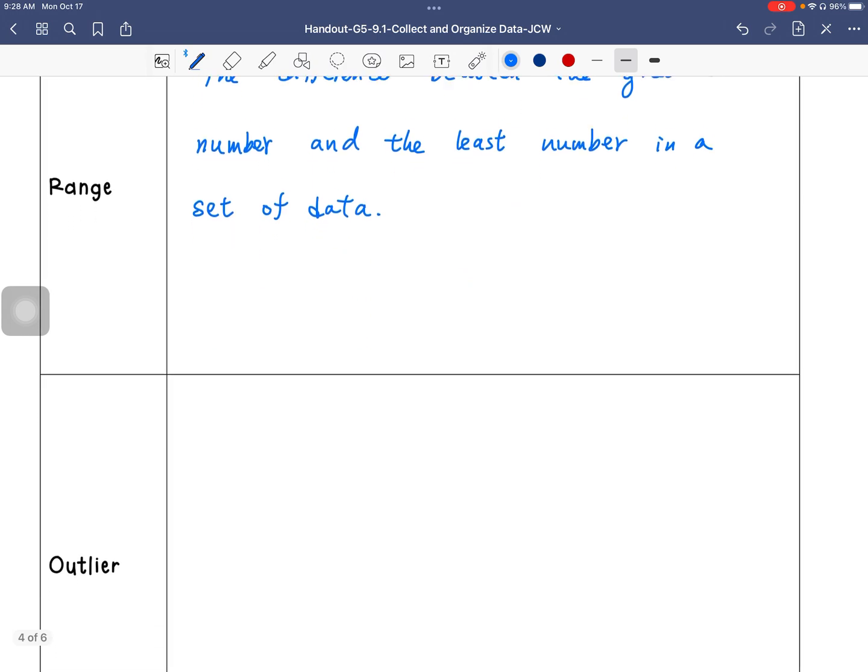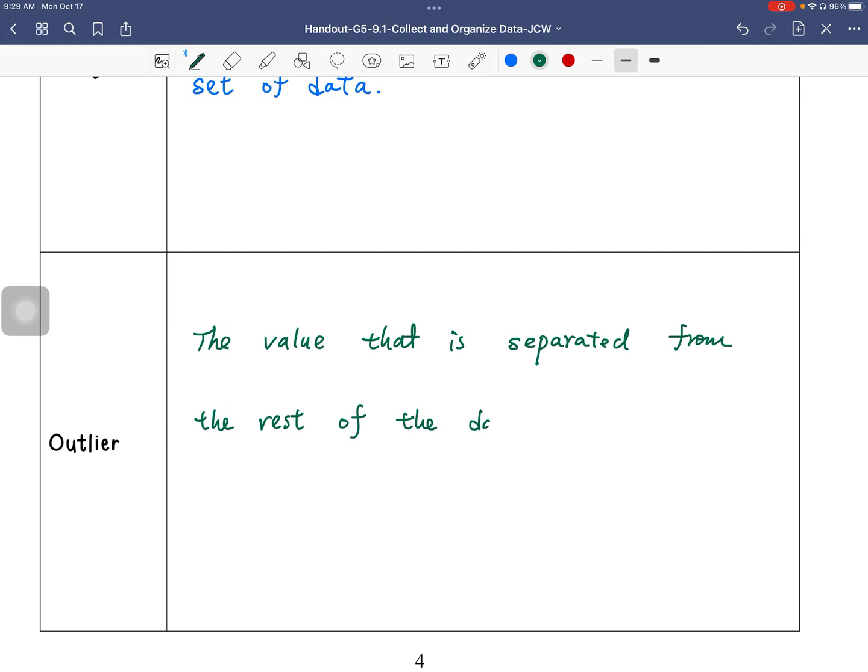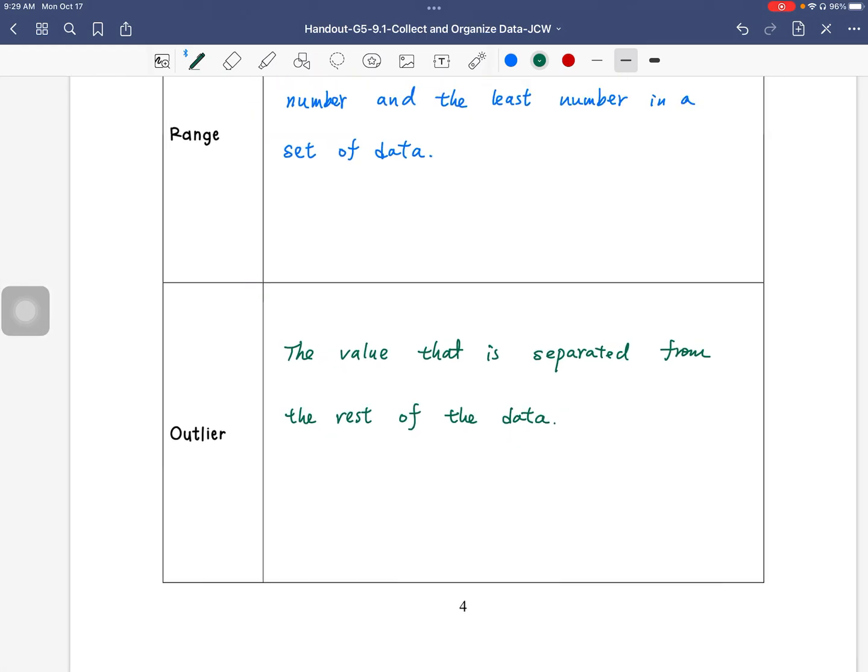So that's the range. And what is an outlier? An outlier is a value that is separated from the rest of the data.